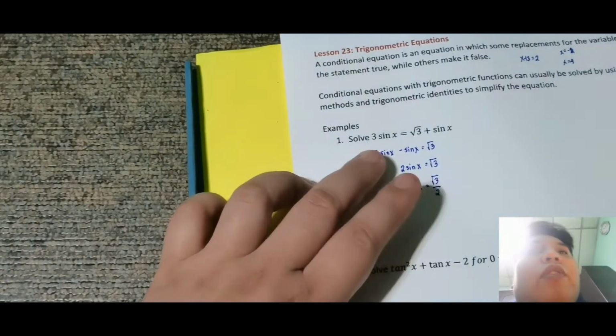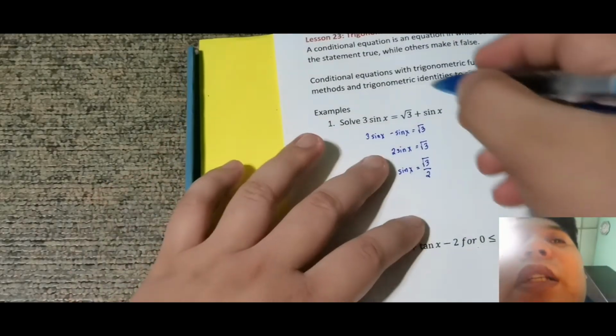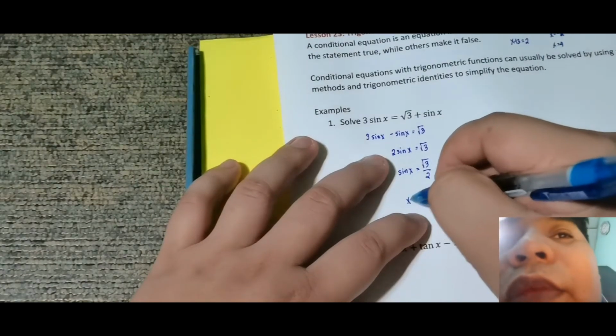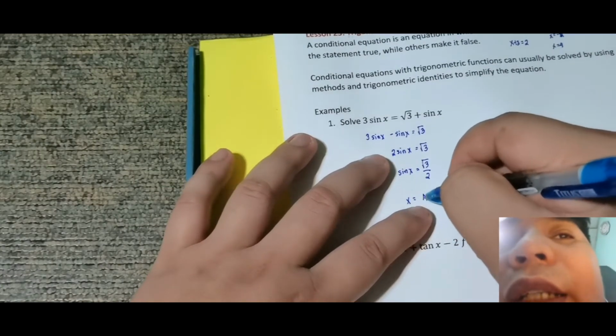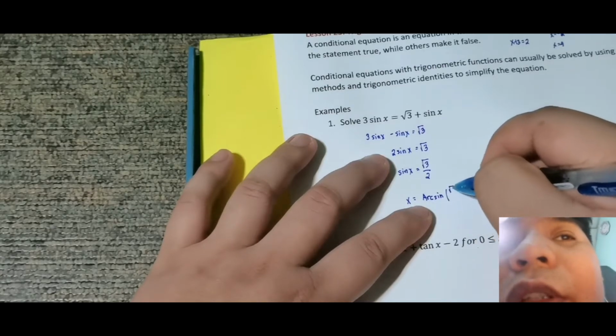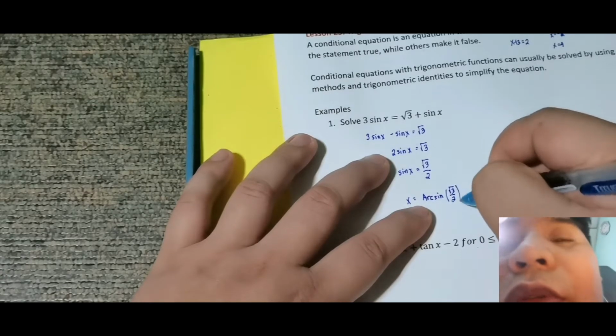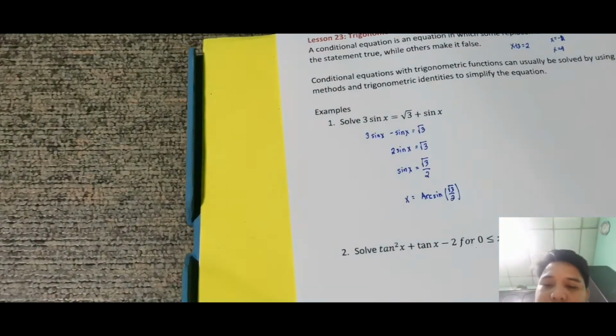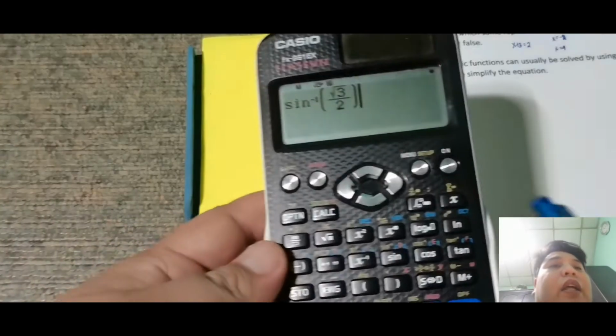From previous video, tinuruan ko kayo paano hanapin yung value. So x is equal to arc sine of square root of 3 over 2. Calculator na lang. Arc sine ng square root of 3 over 2 is equal to 60 degrees.